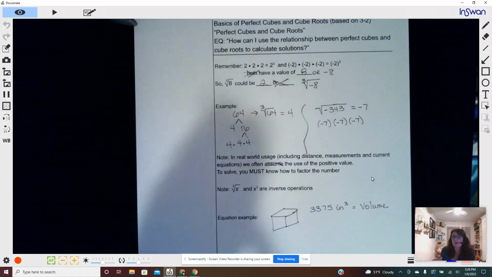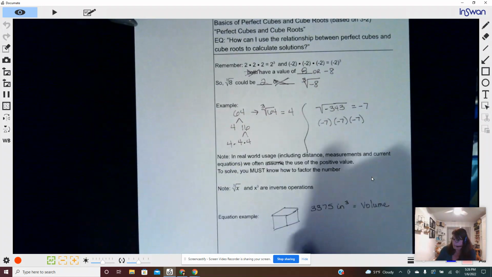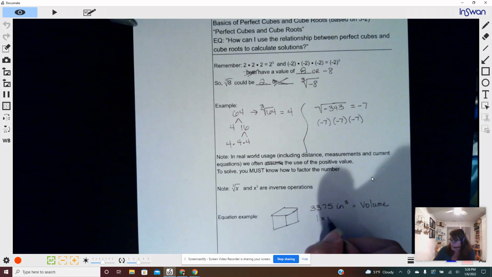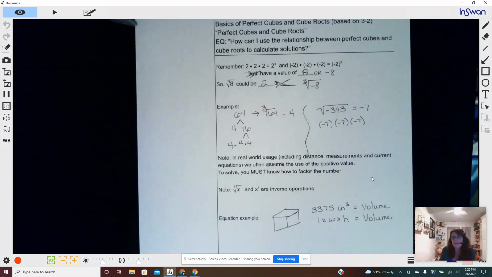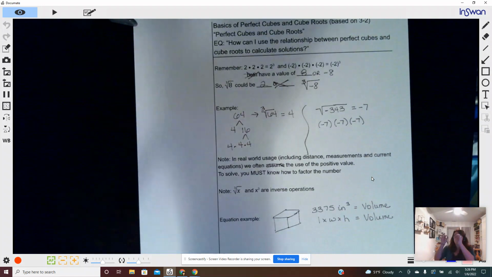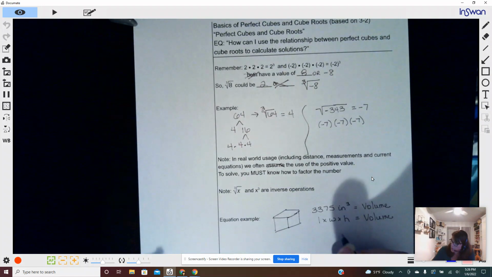And I know that volume is side times side times side. Okay, length times width times height. And in a cube, they all have to be the same.